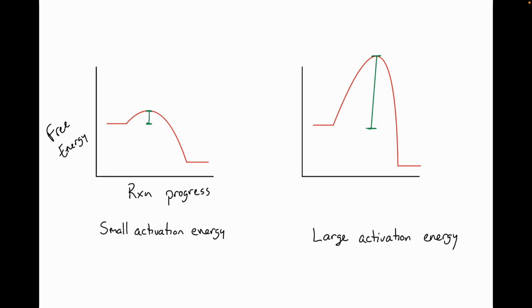So again, both of these reactions, my reactant and my product, same energy level, right? So the thermodynamics of these two reactions are identical. The difference is the activation energy barrier for the one on the left is much smaller than the one on the right. A small activation energy corresponds to a fast reaction, whereas a large activation energy corresponds to a slow reaction.